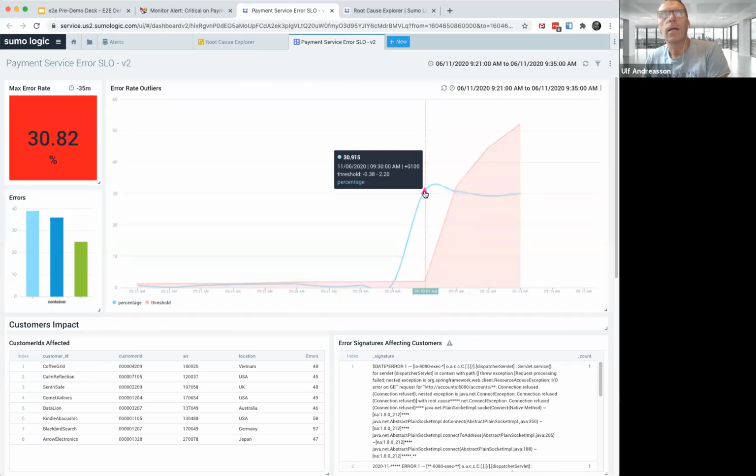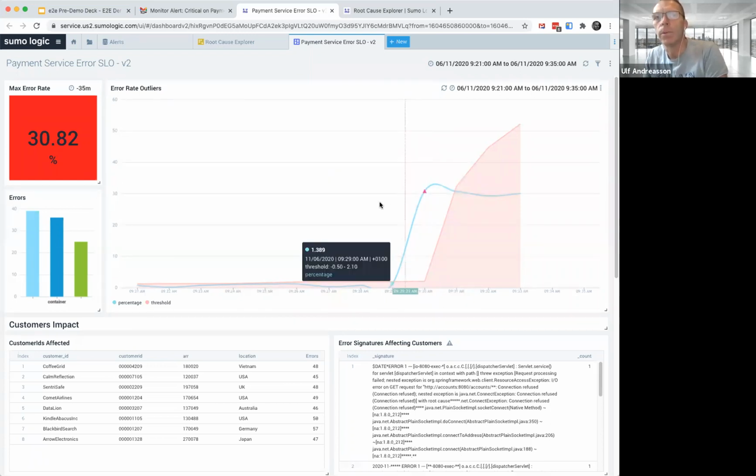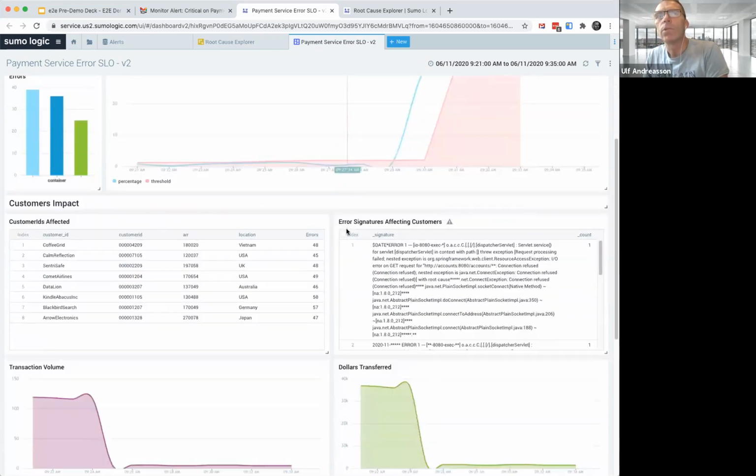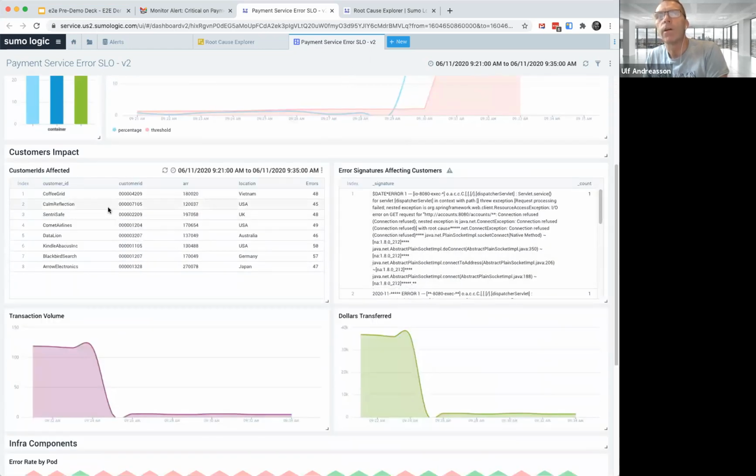And I can see that this increased amount of error rates is something that, of course, I need to act upon. Now, not only do I see that I have these alerts and that there's significant load in the system, Sumo can also help you with identifying the customers that may be affected by this.